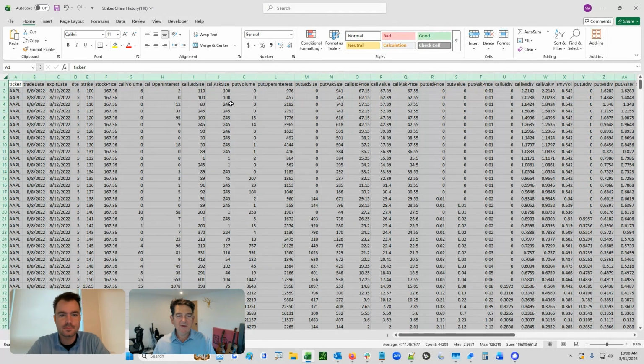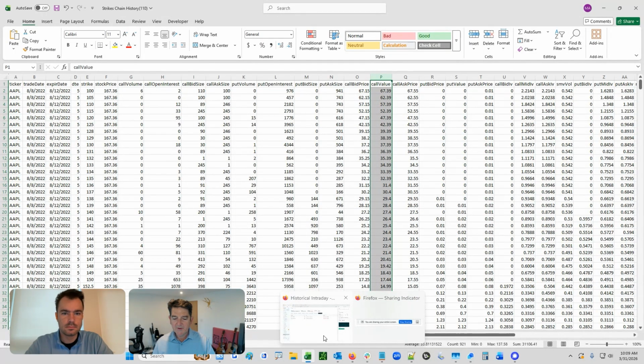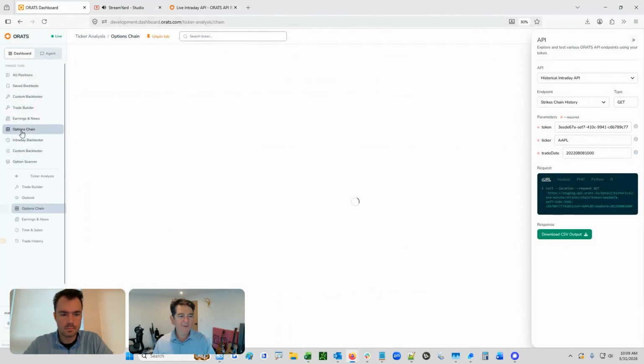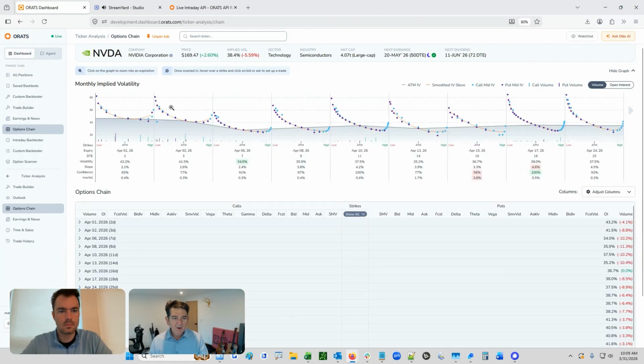Yeah, so this is the strikes file that we get, and this is in the API and in the historical. The big thing is this value. If you go to our options chain, you could see that this orange line is a way that we draw the skew, or what we call the fair value line, through all of the implied volatility.